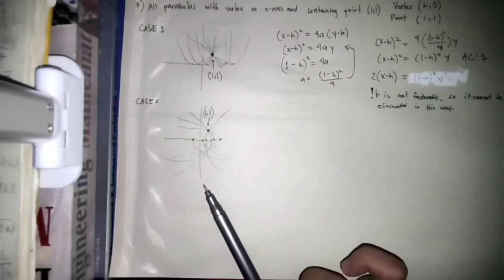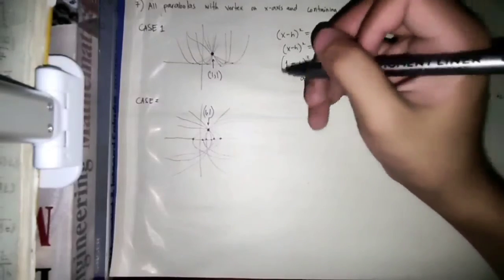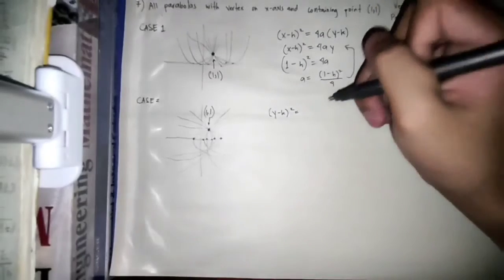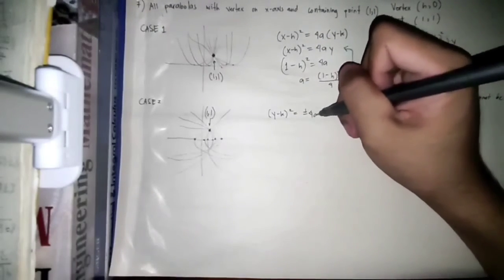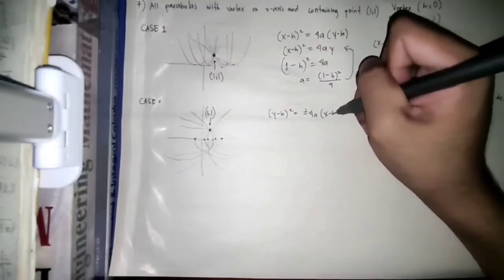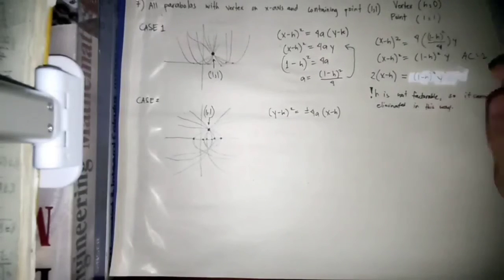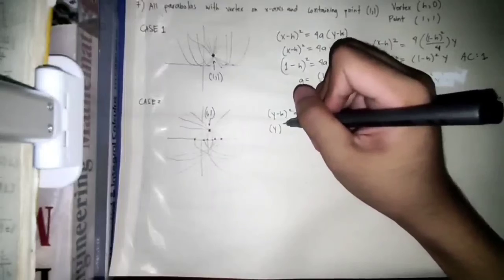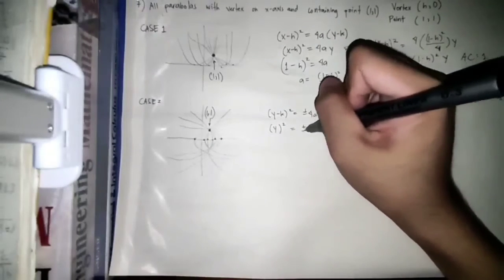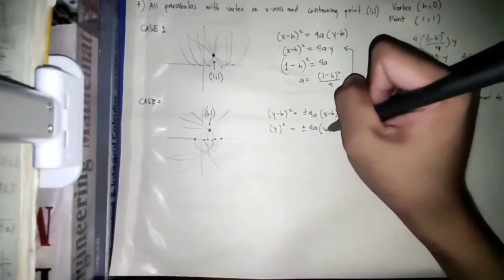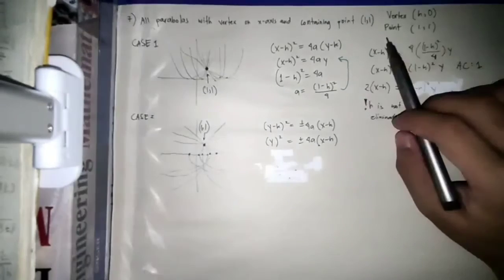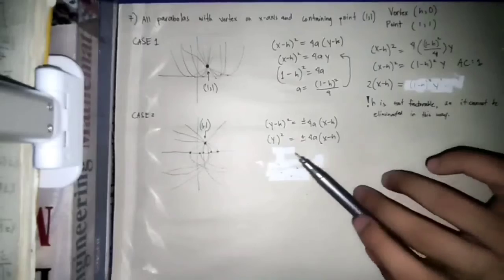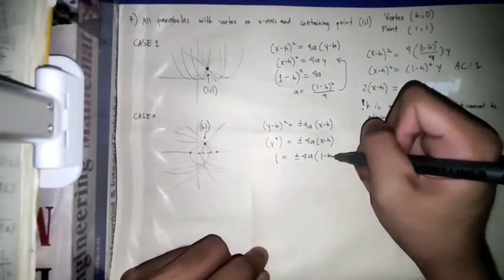By inspecting, we have parabolas opening sidewards, so it should give us an equation of y minus k squared equals positive negative 4a quantity x minus h. And since the vertex is h, 0, the k is 0, so it will only leave us y squared equals positive negative 4a times x minus h. And since we have the point 1, 1, let's substitute these values to x and y.